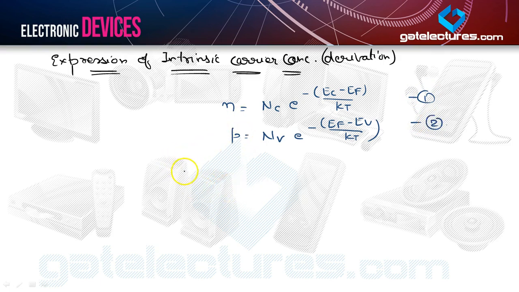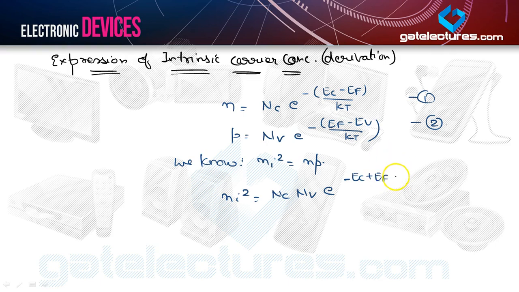So we know that Ni square is np, for any semiconductor. So Ni square, if we just multiply 1 and 2, we get Nc Nv e to the power minus (Ec plus Ef minus Ef plus Ev) upon kT.